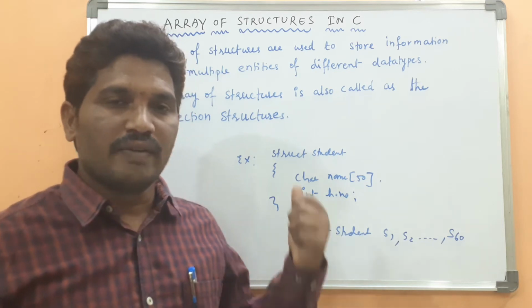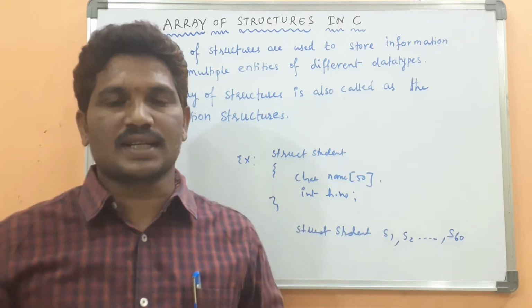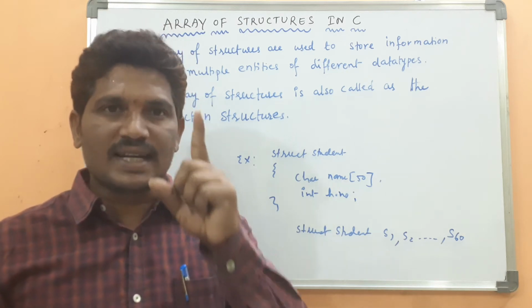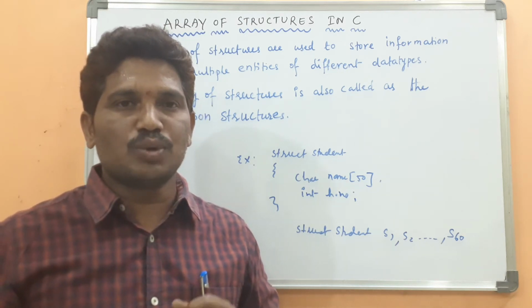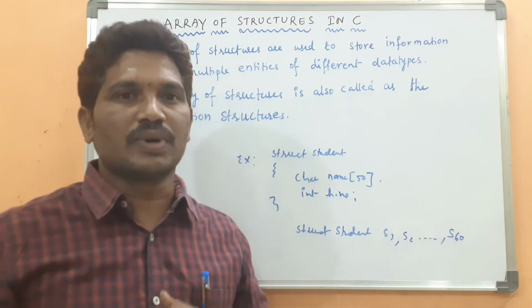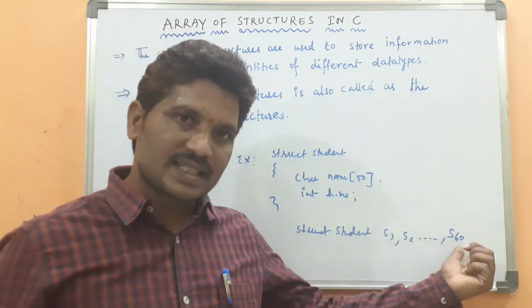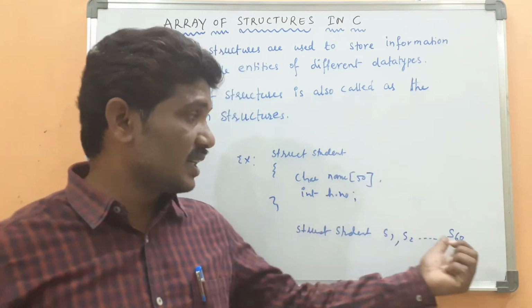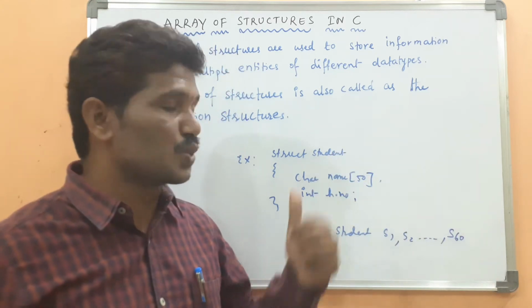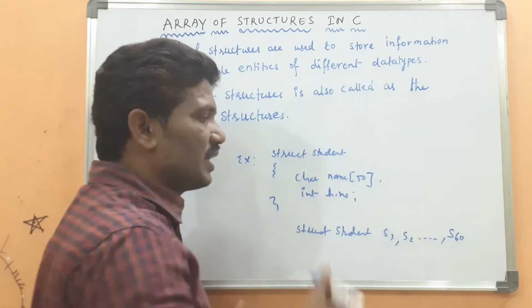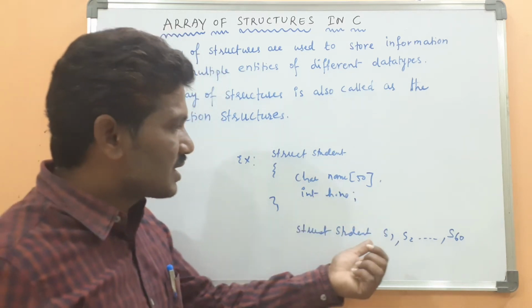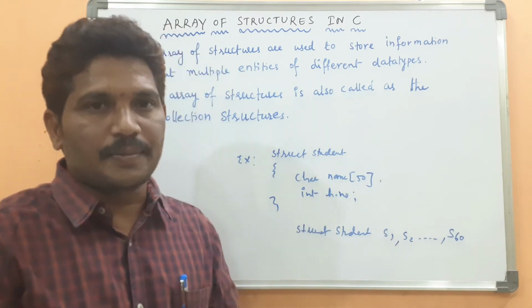But whenever we use the array concept in structure, by using only one structure variable, we can store the 60 students' information. How is it possible? Instead of creating 60 structure variables for students, how do you declare it? This object can be declared as an array.